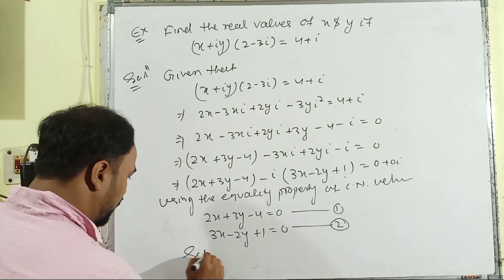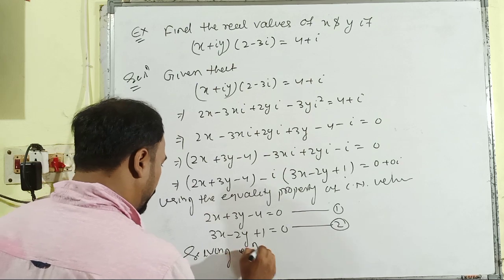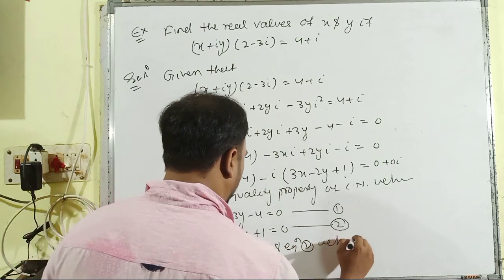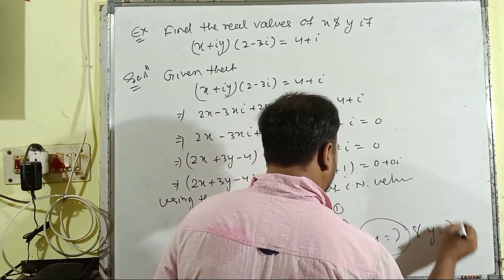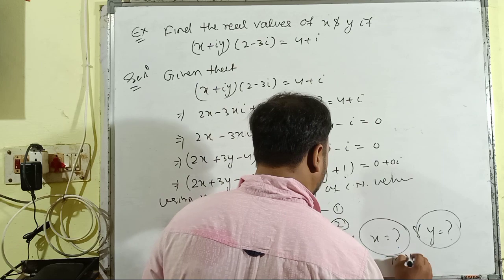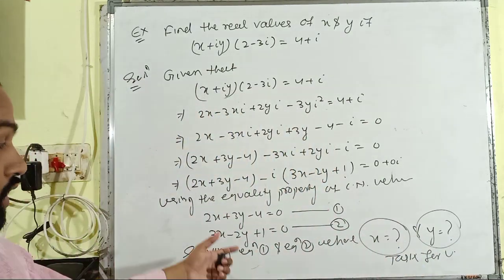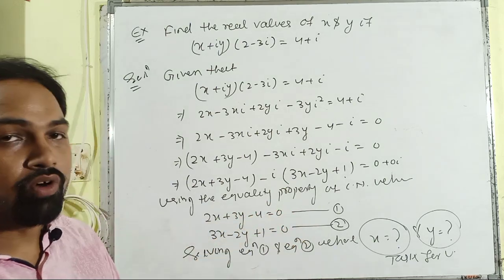So, solving equation 1 and equation 2, we have x is equal to and y is equal to. It is so simple, and you have to use the elimination method to find the values of x and y.